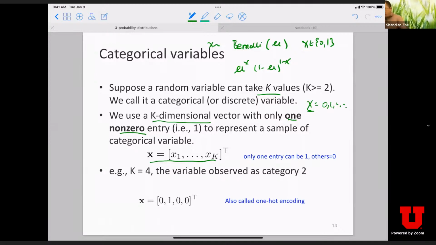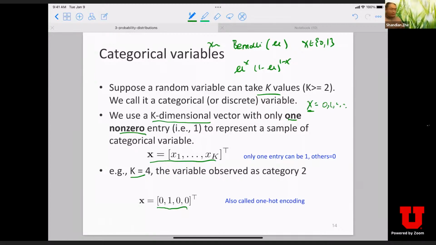Suppose we take K equal to 4, meaning my random variable can take 0, 1, 2, 3, four distinct values. I'm going to represent x with a 4-dimensional vector. In this vector, only one entry takes the value 1, and all the other entries take value 0.